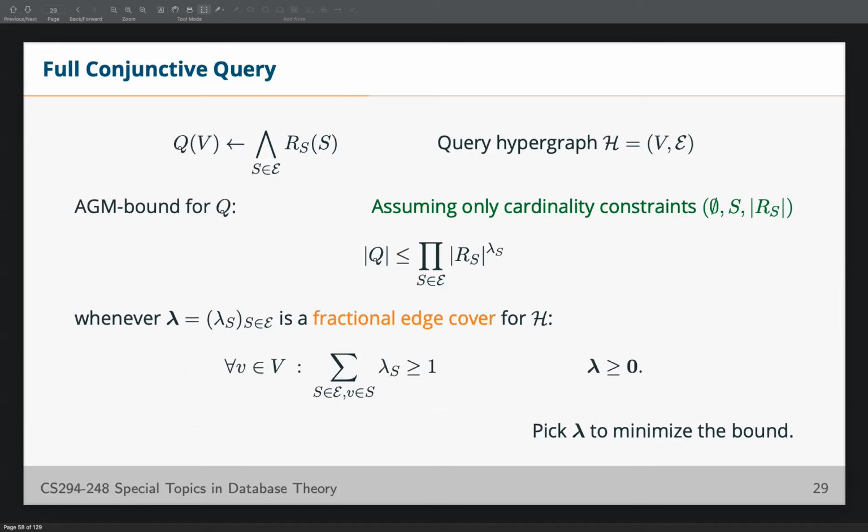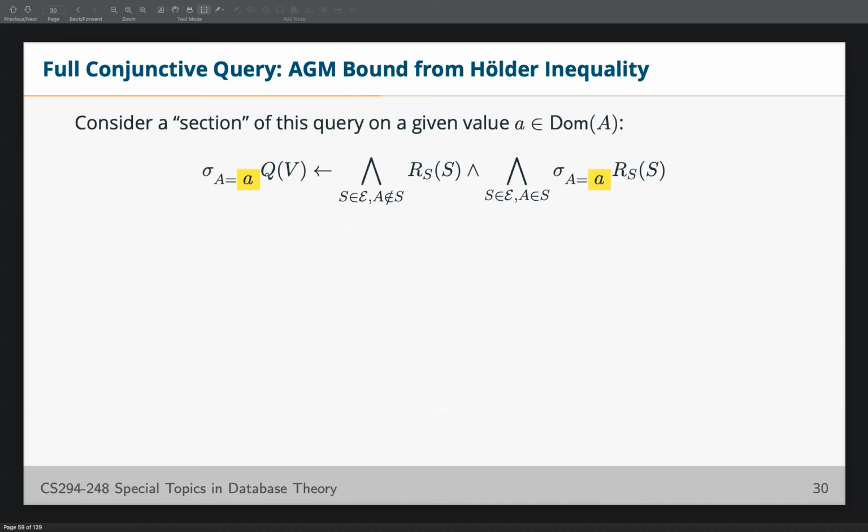All right. So what happens in general for full conjunctive queries and not a triangle anymore? In this case, we have a fractional edge cover for the query hypergraph, right? That's the same AGM bound. And the proof goes exactly the same. You just repeat exactly what we just did. So let's fix a section of the query for a particular A value to be little a. In the body of the query, of course, you only look at the atoms that have A as a variable.